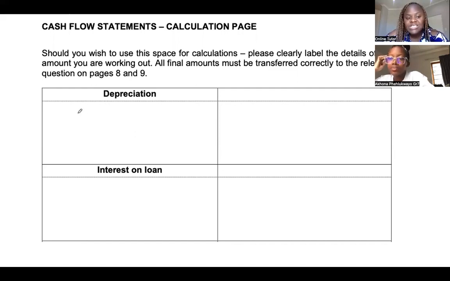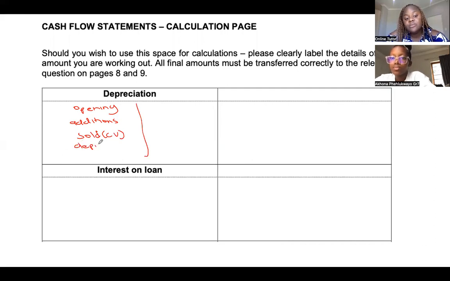So your fixed asset note, do you agree with me that for any asset you would have opening, right? Opening balance. Then you would have additions, which would be things you bought. Yes. Then things you sold, at carrying value. Yeah. Then it would be depreciation.